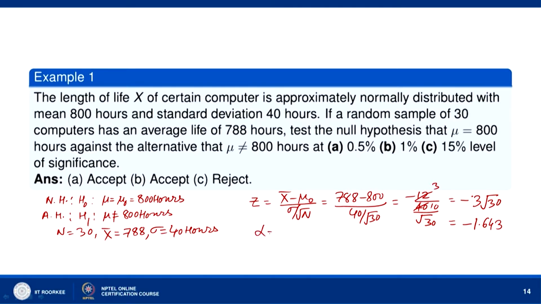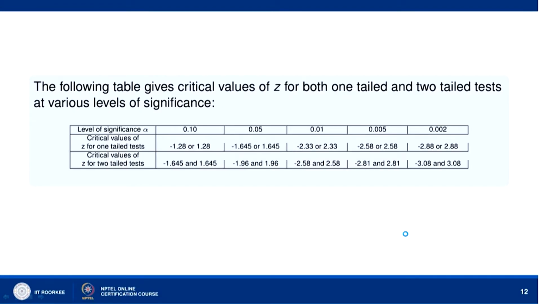Now, alpha is given to be 0.5%, so this is equal to 0.005. And since mu is not equal to 800 hours, it is a two-tailed test that we have to apply. So let us see for the two-tailed test when alpha is equal to 0.005.